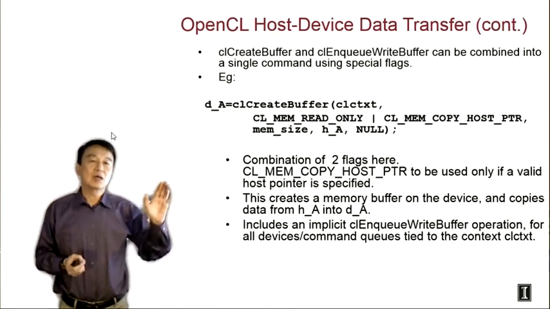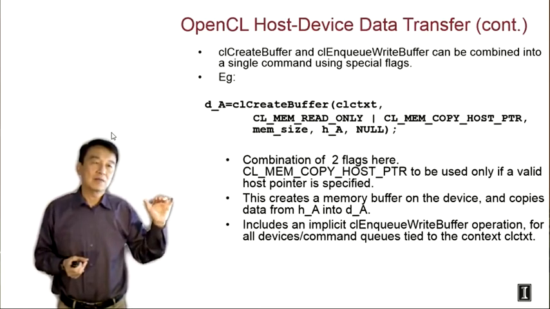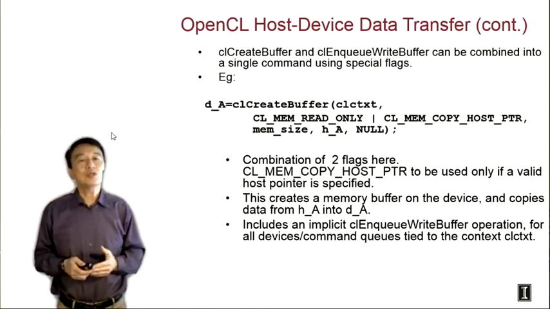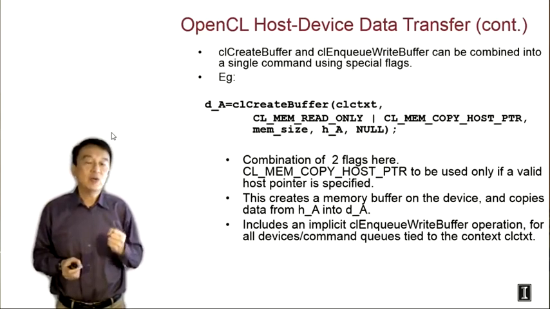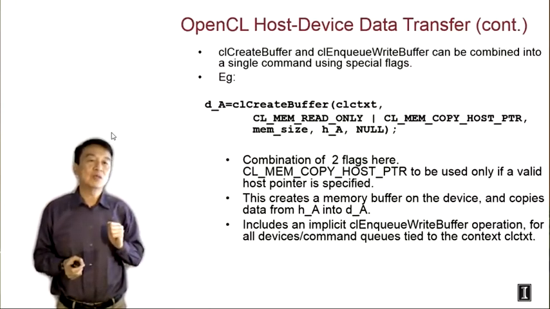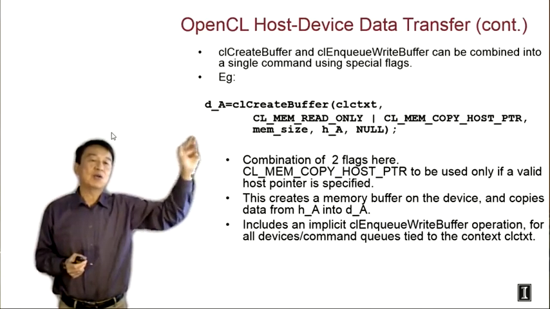Here we show a kind of shortcut. Oftentimes, when we allocate read-only memory, we also know that there is a host object that we want to transfer into that read-only memory on the device anyway. So OpenCL gives you the option to use clCreateBuffer in a way that it will automatically also copy a host object into the newly allocated memory in the device. We essentially perform the functionality of both create buffer and enqueue write buffer in one API call.